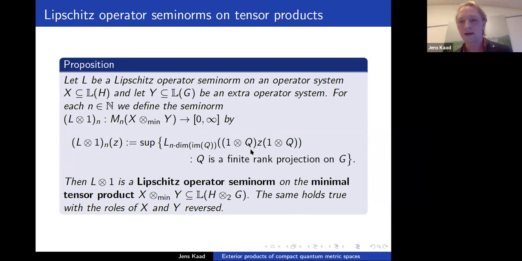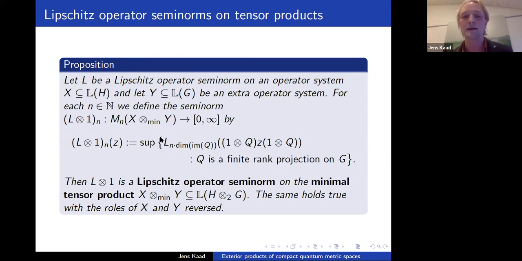When I do that, I can identify this operator here with a matrix of operators with entries in the operator system X. The size of this matrix is the original n from up here times the dimension of the image of Q. So I can identify it upon choosing an orthonormal basis for the image of Q here. Then I get this identification.